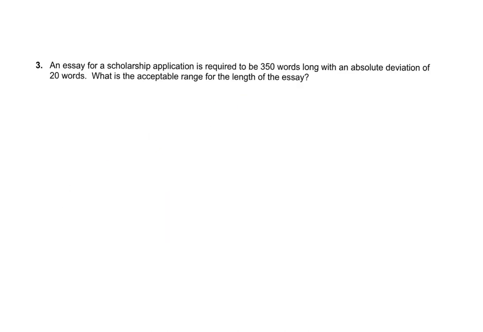All right, number 3, an essay for a scholarship application is required to be 350 words long with an absolute deviation of 20 words. What is the acceptable range for the length of the essay? So on our number line, we're going to have an essay of 350. Now, it says an absolute deviation of 20. What that means is that you can have 20 more words.